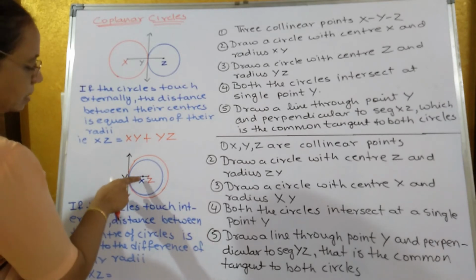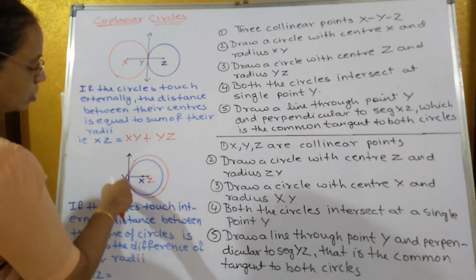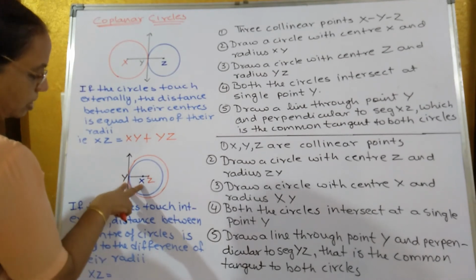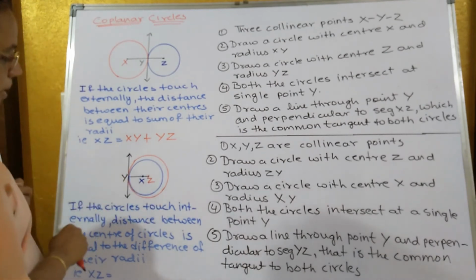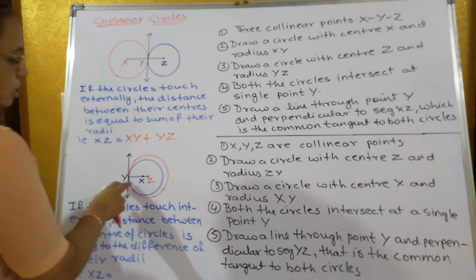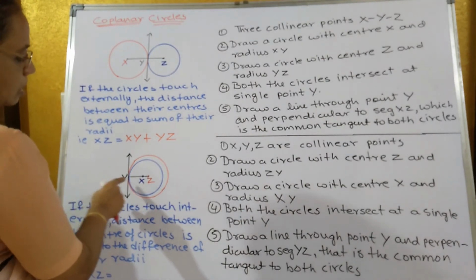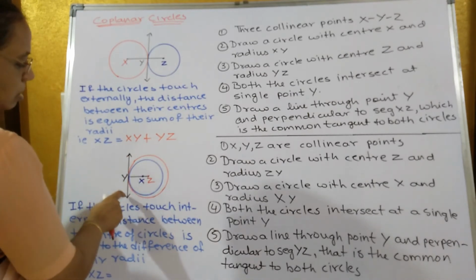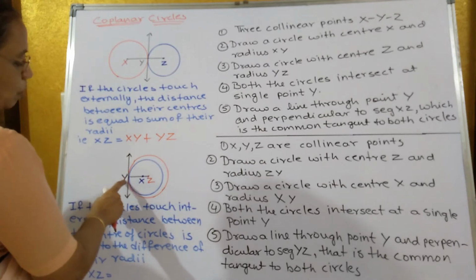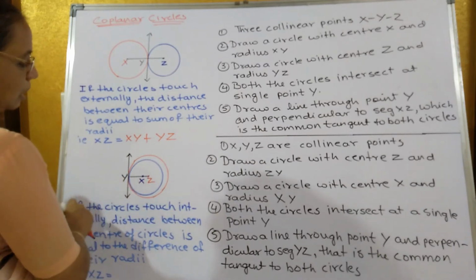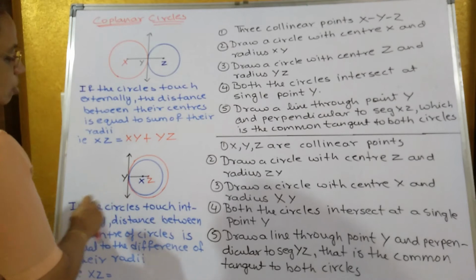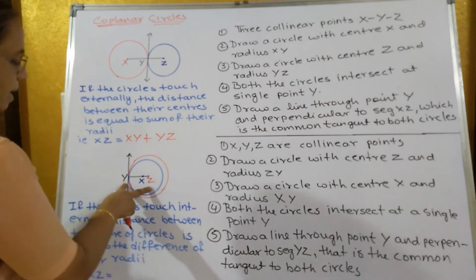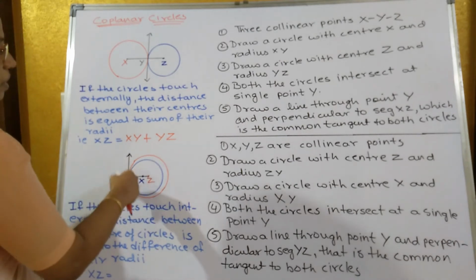Again draw another circle with center X, the blue circle, and the radius of that circle is XY. Both circles intersect at a common point Y. Now from Y, draw a line passing through point Y and perpendicular to YZ. So what you get is a perpendicular to segment YZ. This is a common tangent of these two circles.